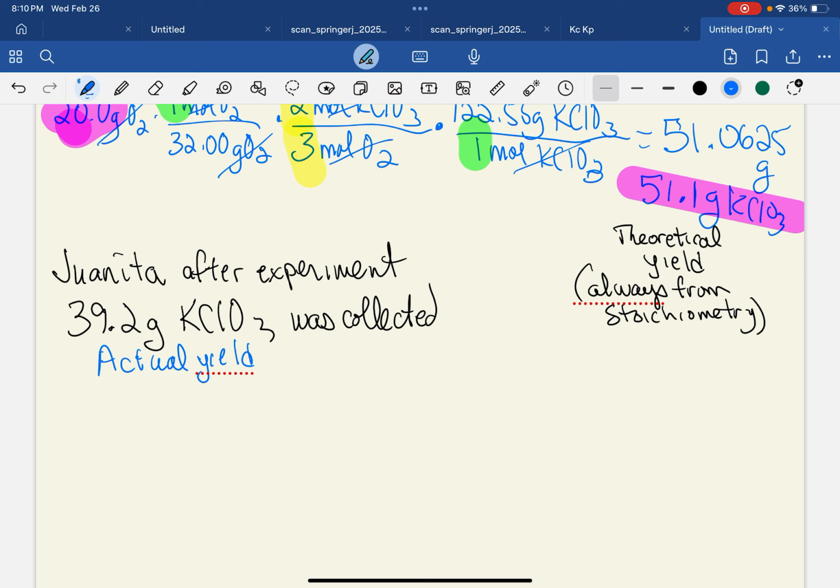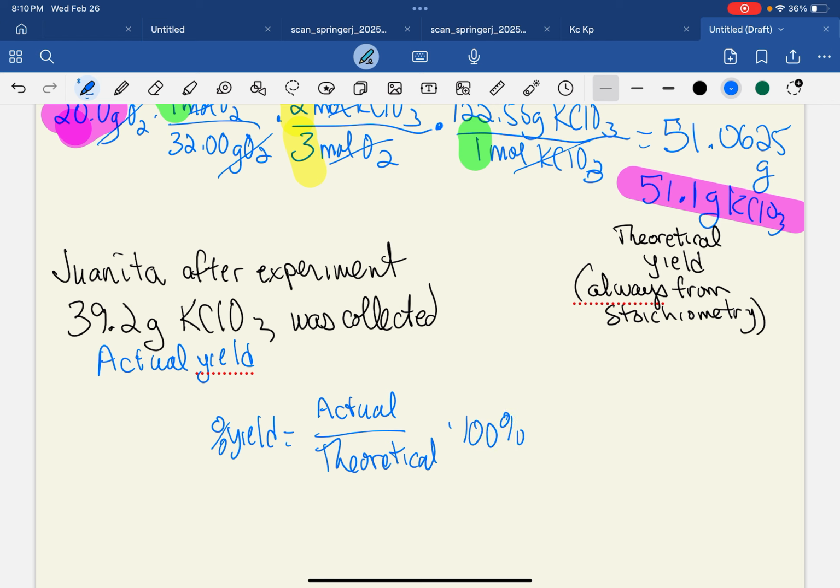And then for the percent yield, it's actual divided by theoretical times 100%.